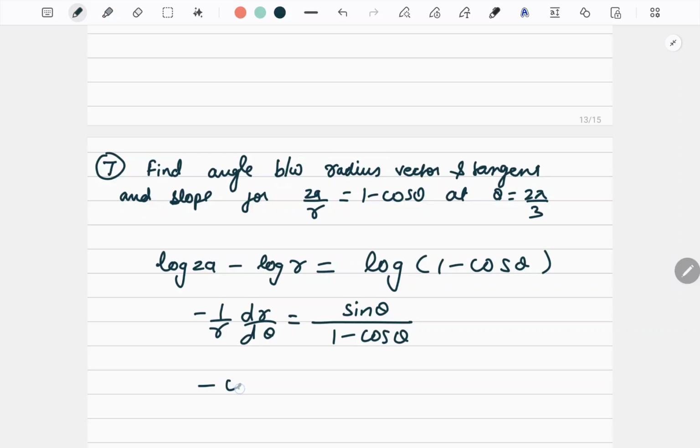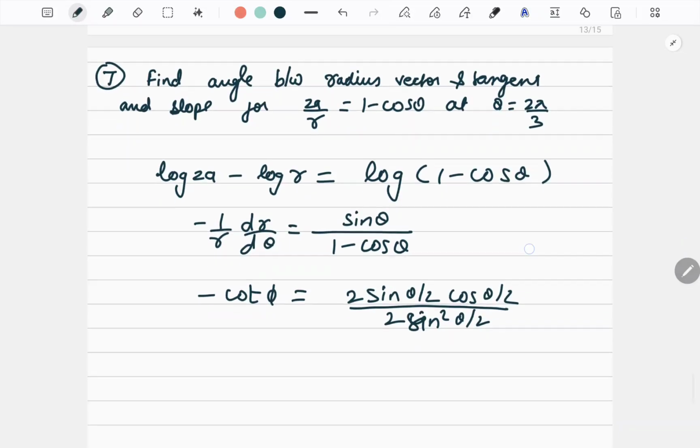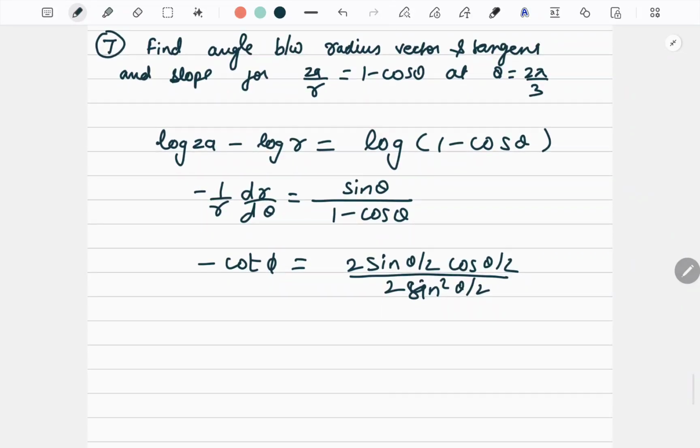So minus cot phi is equal to 2 sin theta by 2 cos theta by 2 upon 2 sin square theta by 2. Whenever minus means sin, whenever plus means cos.